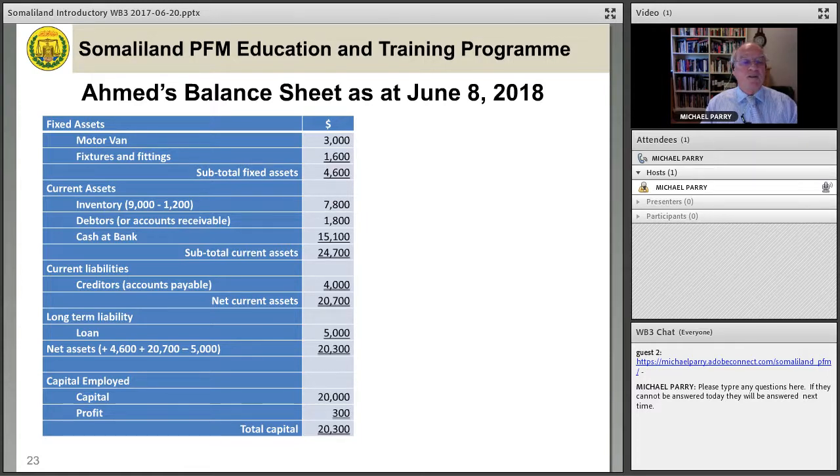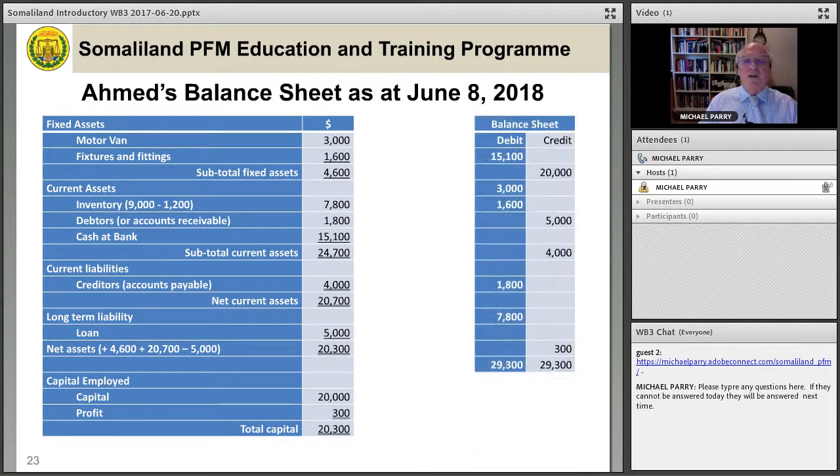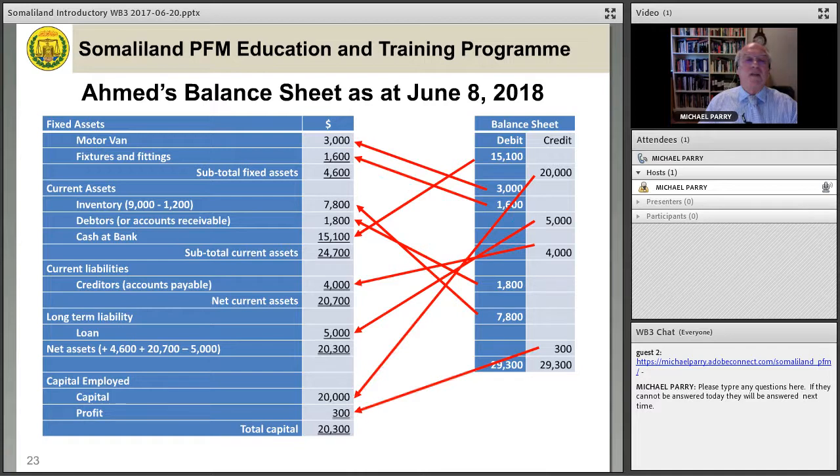The current liabilities, creditors or accounts payable, to get the net current assets, the long-term loan, which we deduct from all of the other assets to get the net asset figure of 20,300, which equals the capital employed, including the $300 profit. So now we've got the profit. And you can see all of that comes from the columns in the trial balance. These are the columns in the trial balance we just saw, and they can all be linked so that every item in that balance sheet, other than the calculated subtotals, derives from the figures in the trial balance.